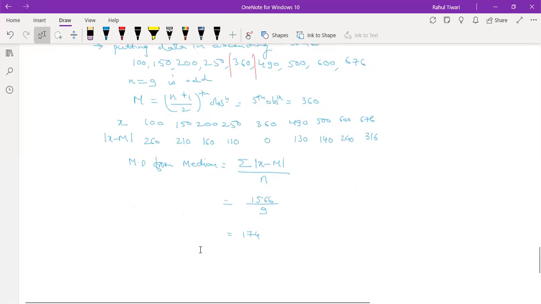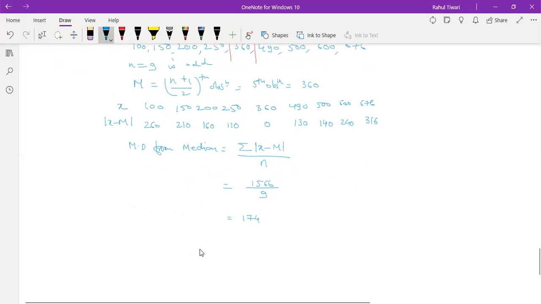So you should get MD from median is this. Am I right or wrong? Right, sir.